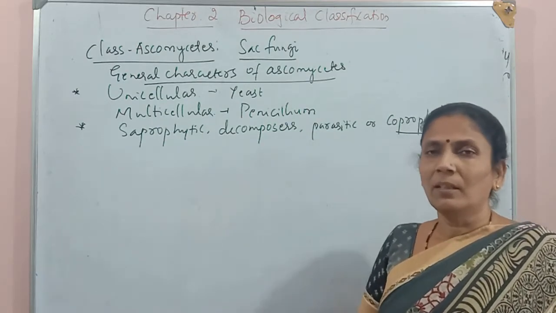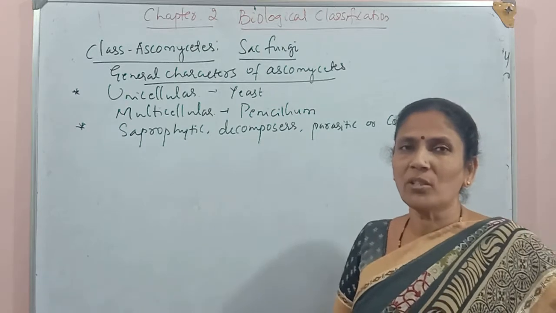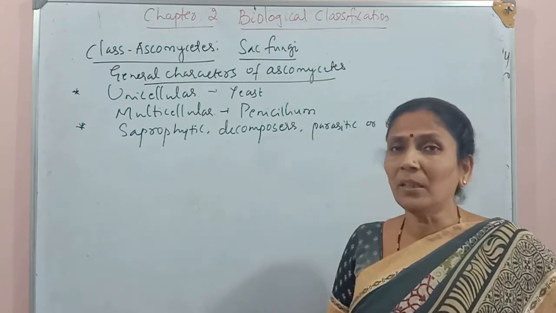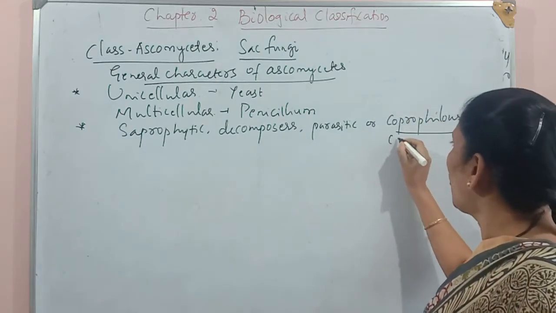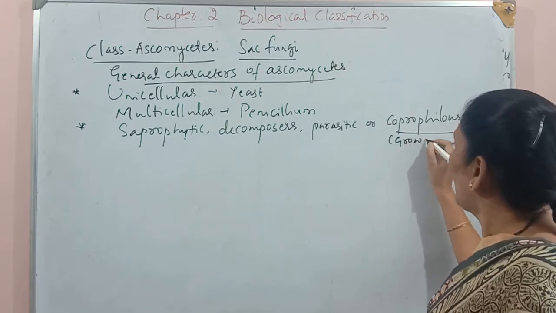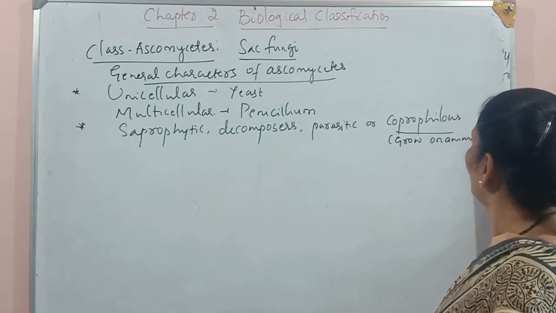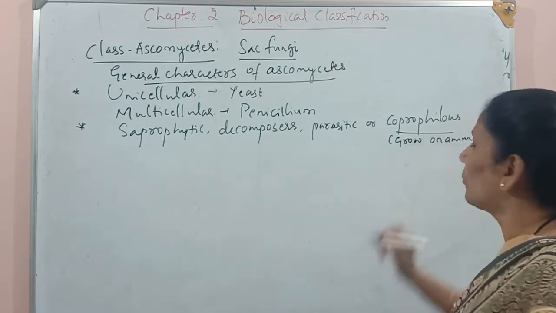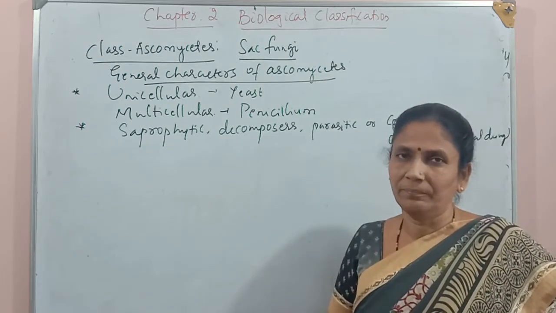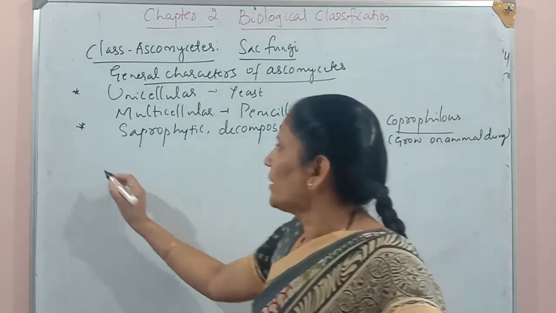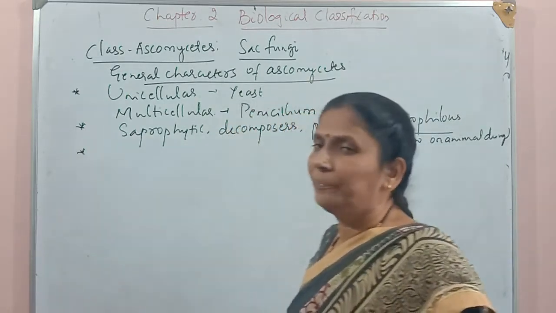Coprophilous means the organism which grows on animal dung. They grow on animal dung and are called the coprophilous. So let us move to the next character.